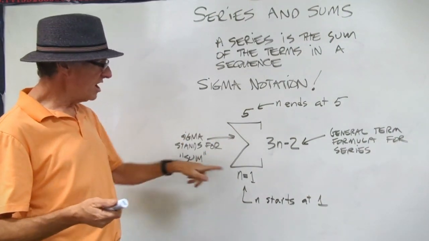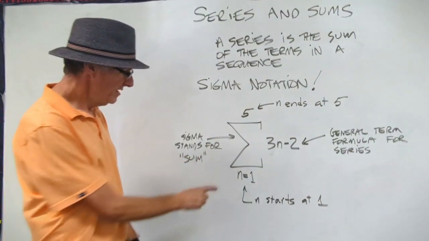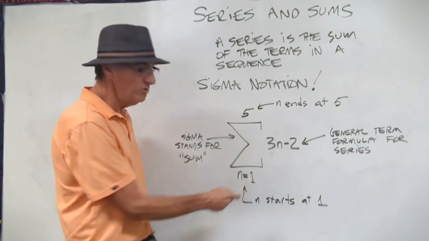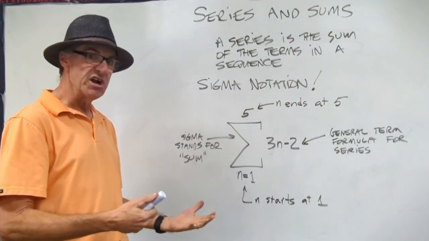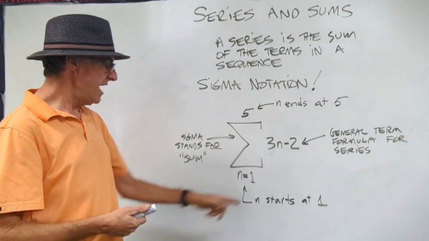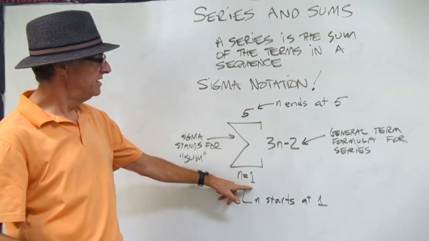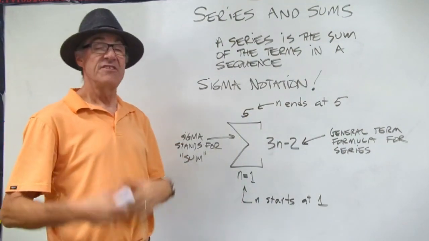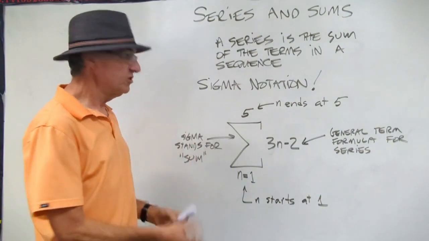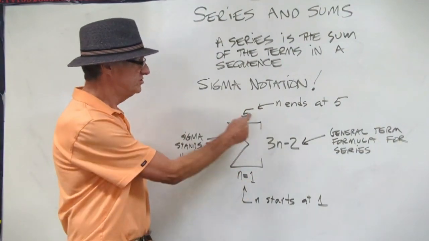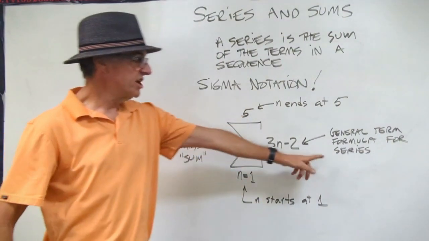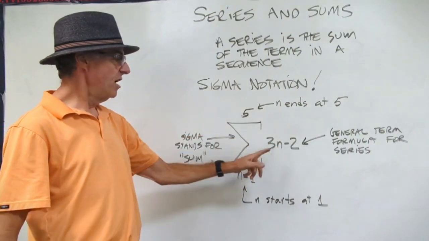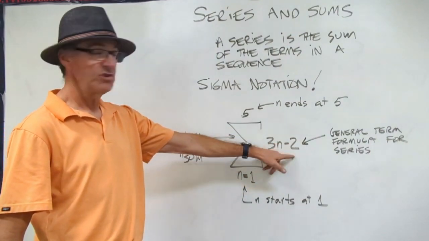So let's take a look at some of the other variables I've put around here. Down here, I've said n equals 1. That means we're starting with our first term at 1. This here tells us that n ends at 5. So we're going from 1 to 5, and then we have our general term formula for the series of 3n minus 2.